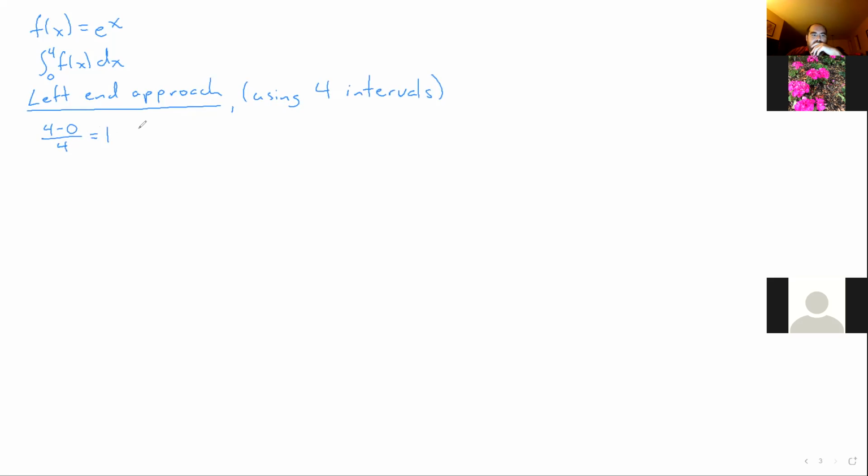The width of each segment. So we have 4 intervals, and they're all 1 unit wide. So this is the width of each sub-interval. Okay, so what do we do with that?